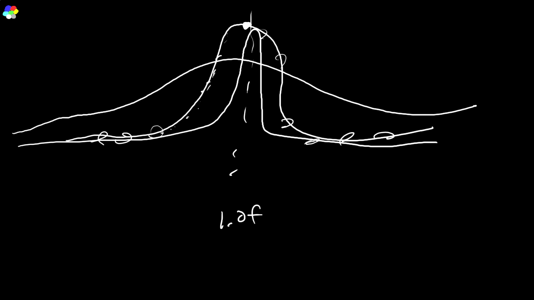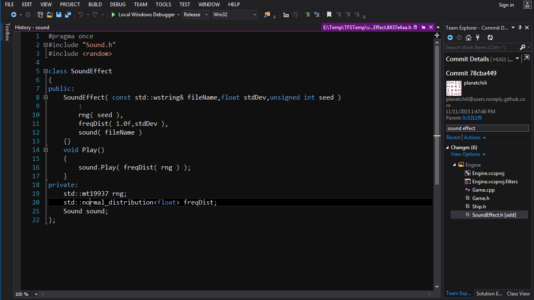So very rarely will you get a frequency that is much higher or much lower. Generally, you'll get very close to the frequency of the original sound, which is what you want. You want a natural distribution of frequencies used.